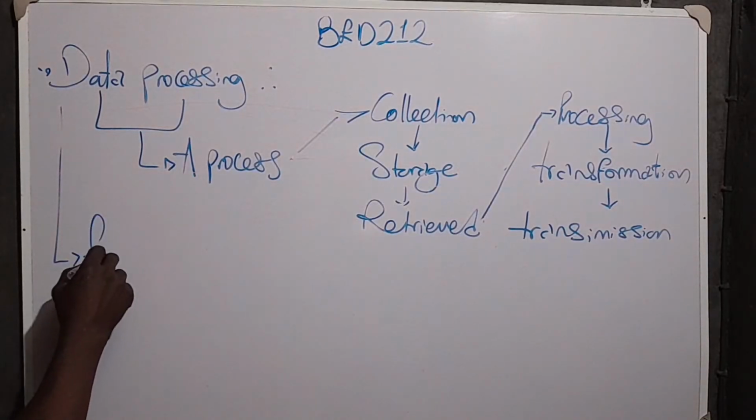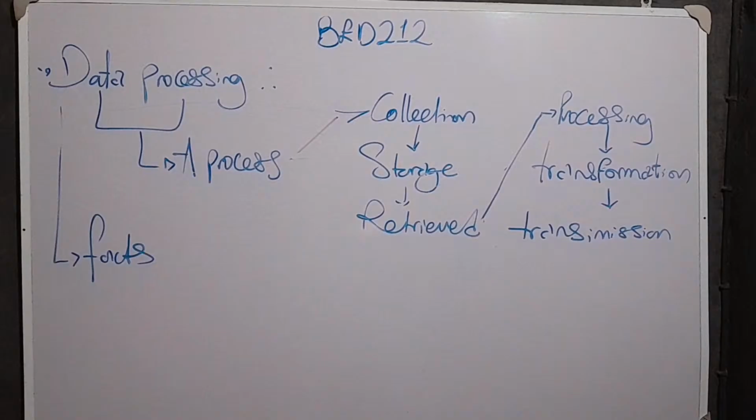For those of us that did GS 103 in 100 level first semester, we talked about what data is, and we said data is a fact. We can refer to data as raw material that is about to be processed.